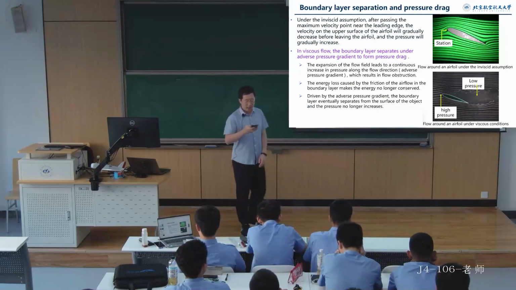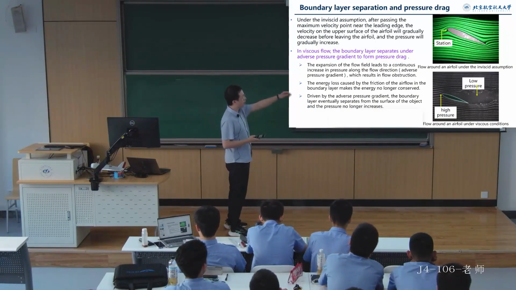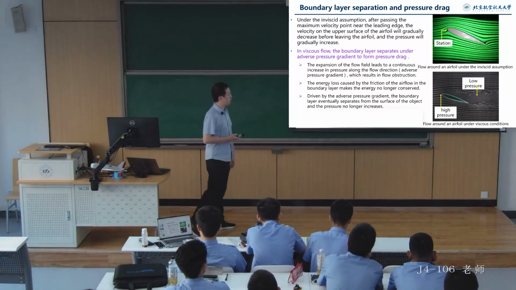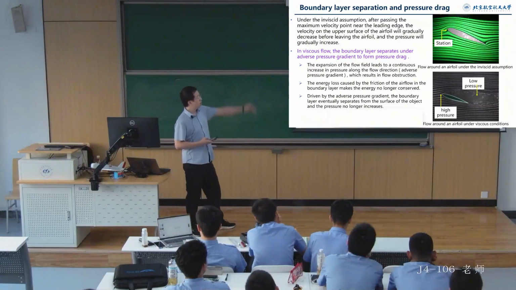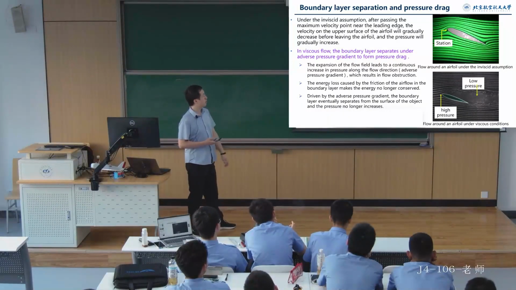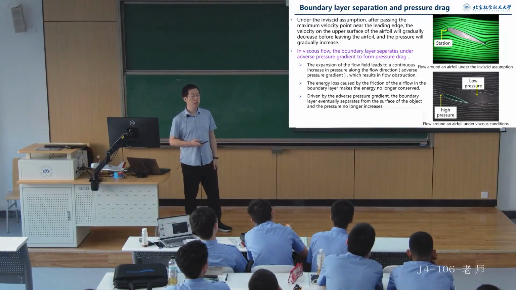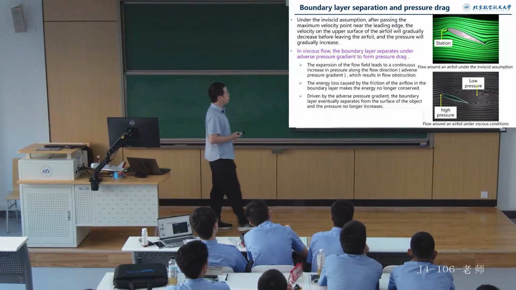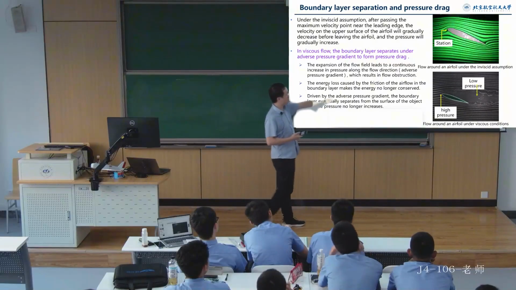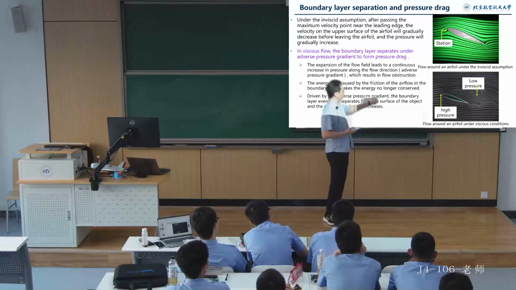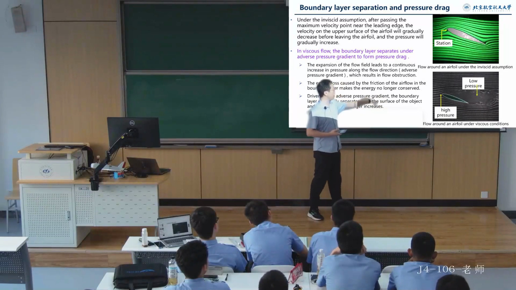Let's take a look at the characteristics of boundary layer separation. Depending on the form of the boundary layer, we will examine both the laminar boundary layer and the turbulent boundary layer. In the same expanding duct, for part of the flow, we slightly add a rough object to the surface, causing the laminar boundary layer to transform into a turbulent boundary layer.